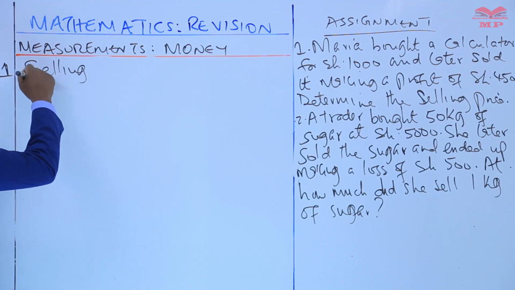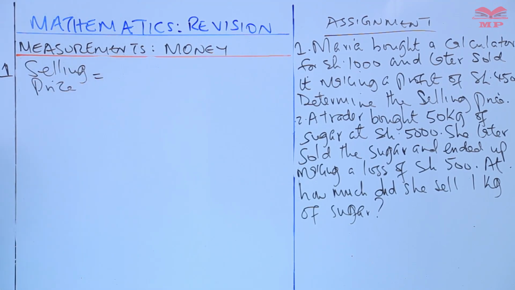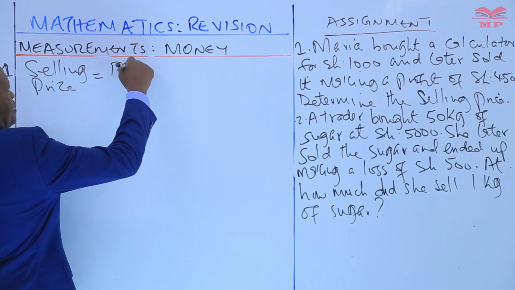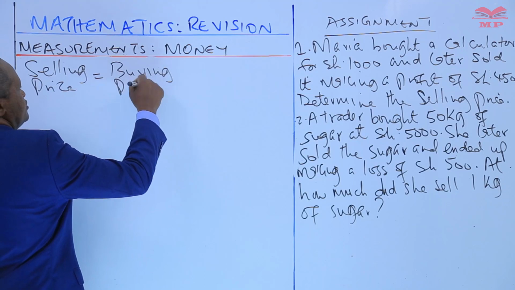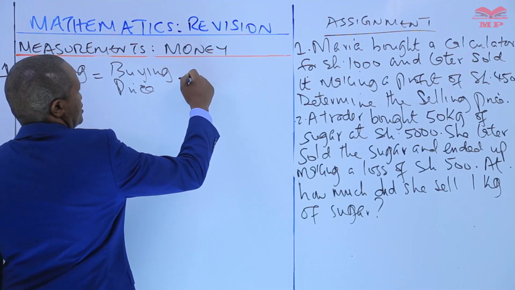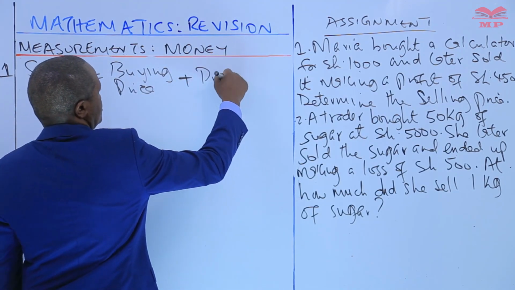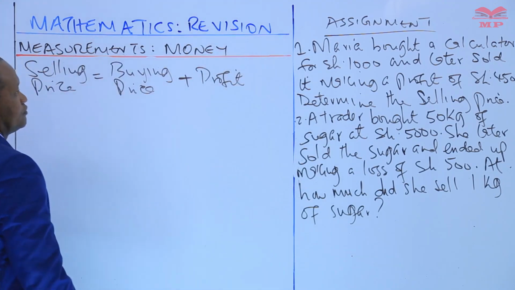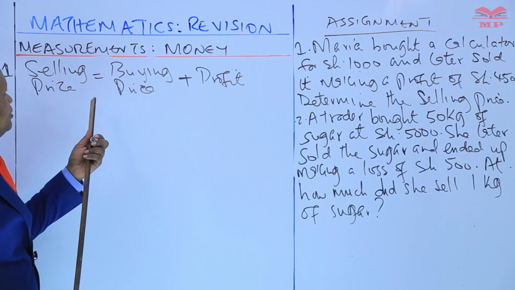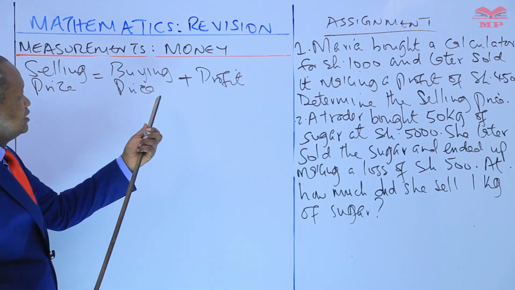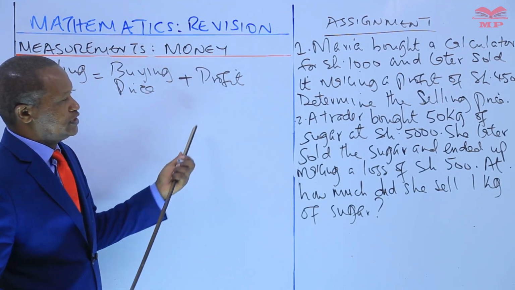Selling price, learners, will be equal to buying plus profit. If a profit was made, then it will be buying price plus profit.